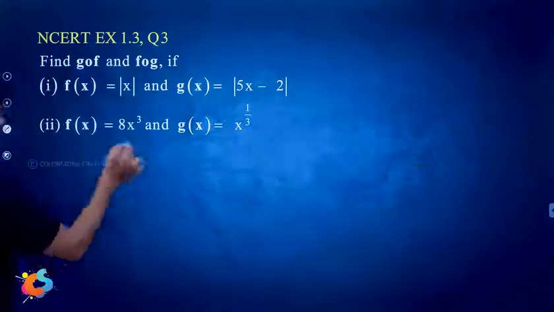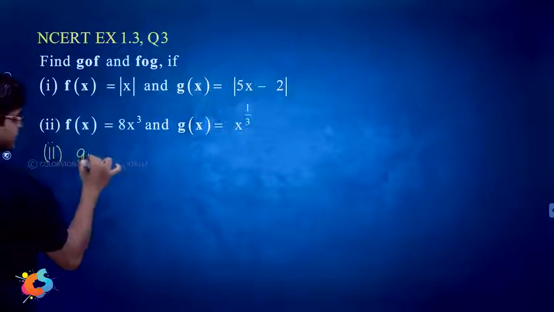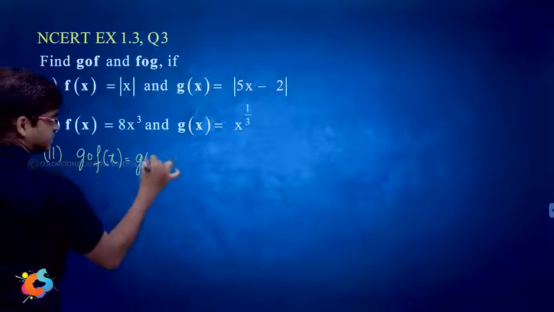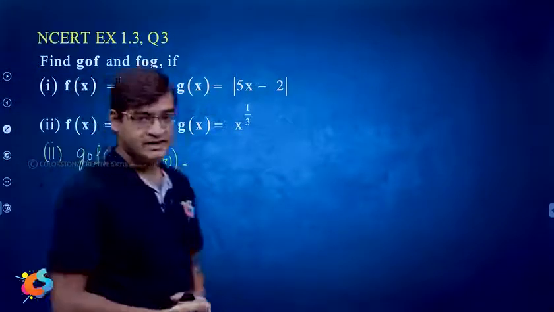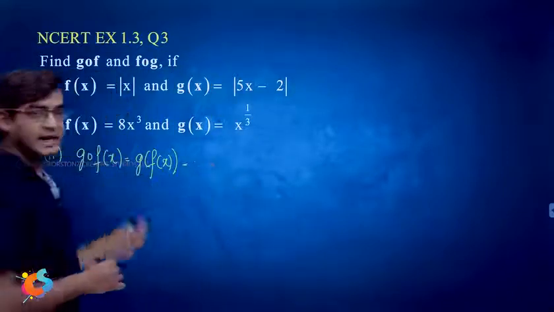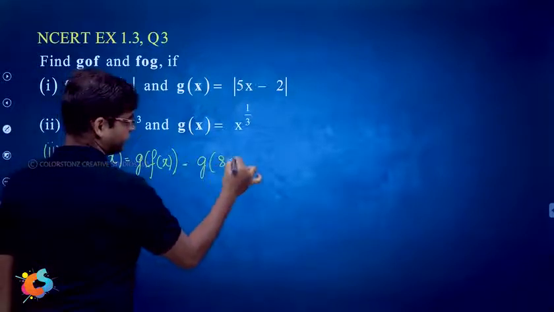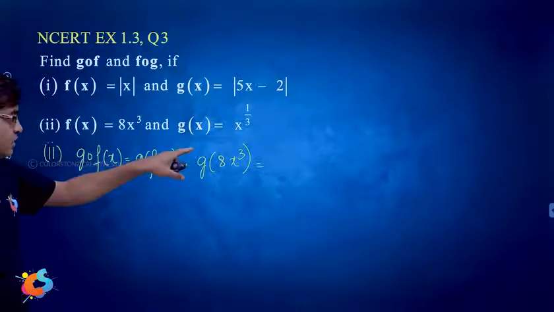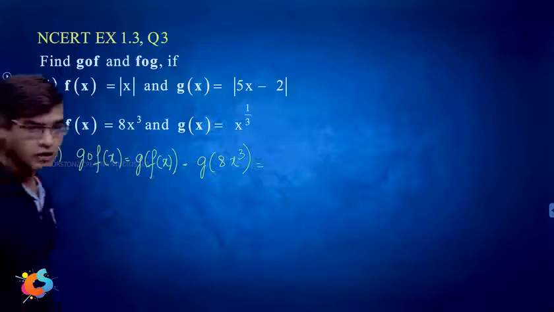As we were doing before, we are doing the same thing. So let us find g circle f of x. This is nothing but g of f of x. Now you replace the innermost function. Innermost function is f of x, that is 8x cube. So therefore, g of 8x cube, where g of x is x power 1 by 3. Whatever is there, you take it and put power 1 by 3 on the top.